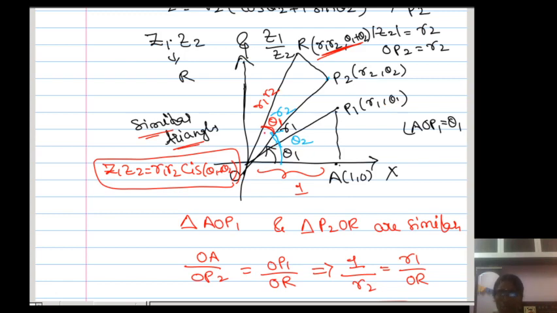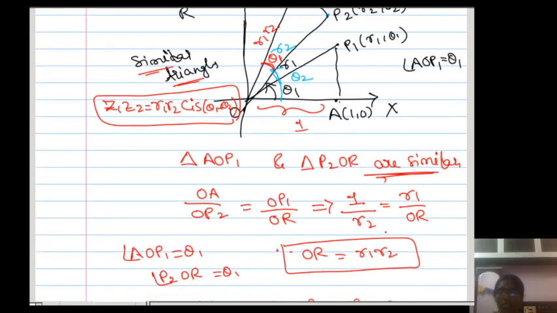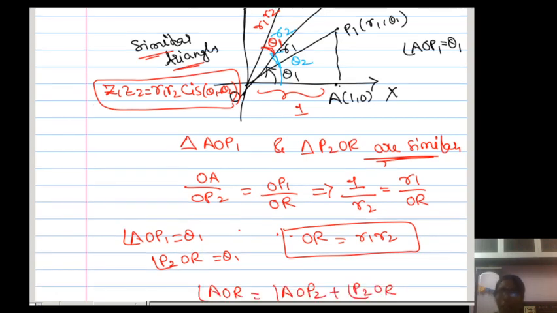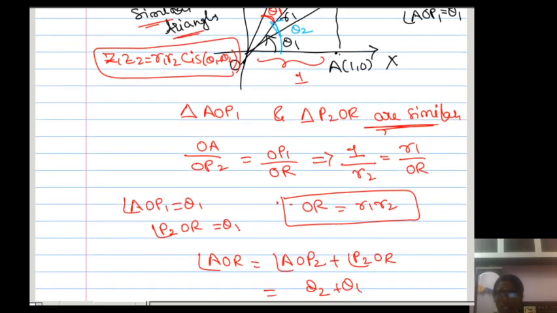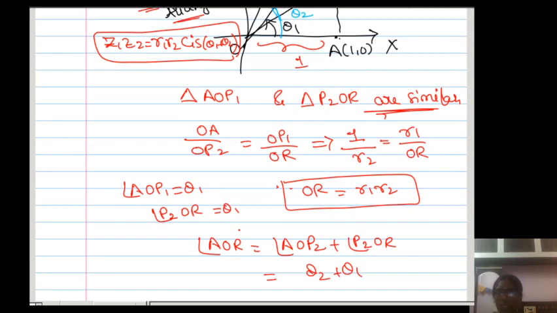Next, r2 is the notation. To get Z1 Z2, I applied the similar triangle concept. Two sides are equal, no? So we are comparing the side ratios because they are equal in similar triangles. By that concept I got OR is R1 R2 and the angle is theta1 plus theta2. So by that I can find the product of the complex numbers Z1 and Z2.